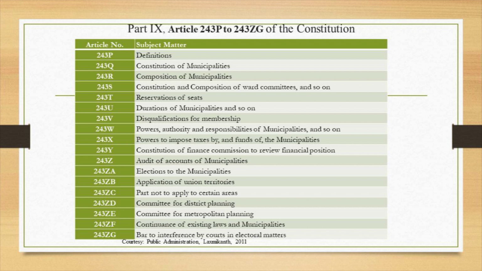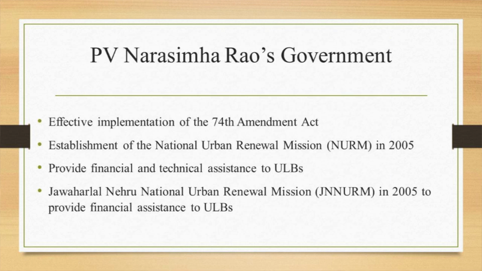So this article indicates that no election to any municipality shall be called in question except by an election petition presented to such authority and in such manner as is provided for by or under any law made by the legislature of a state. These articles ensure that the provisions of the Amendment Act are smoothly implemented without any legal conflicts.